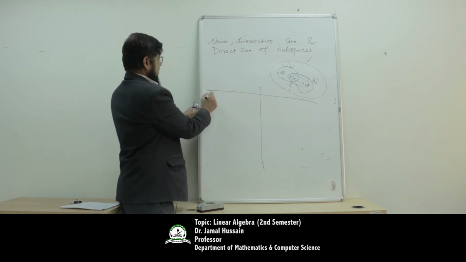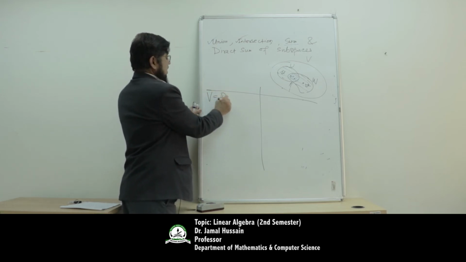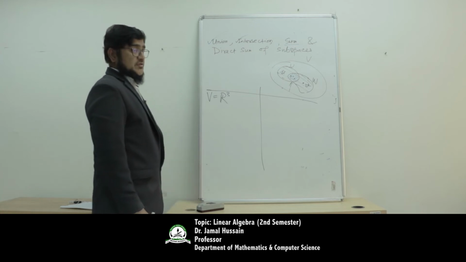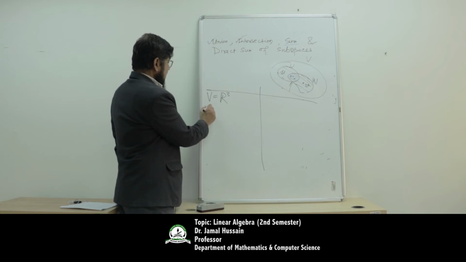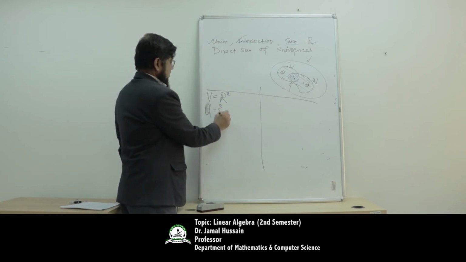So again, let me take this V as R3, the Euclidean space, and two subspaces, let's say like this again.